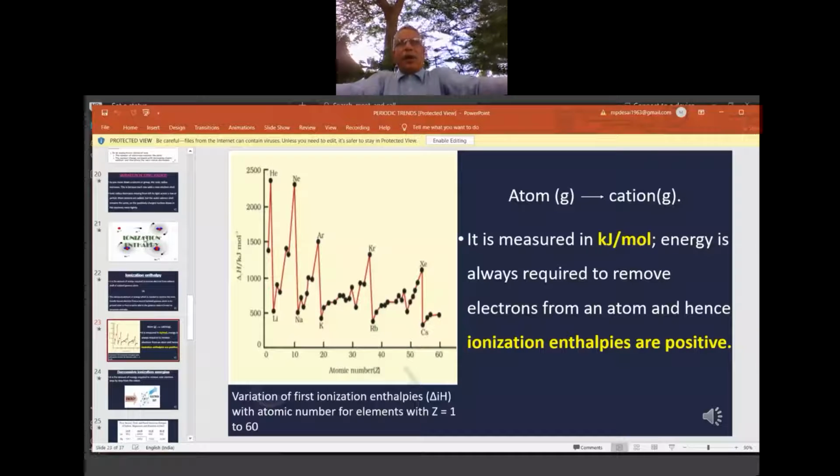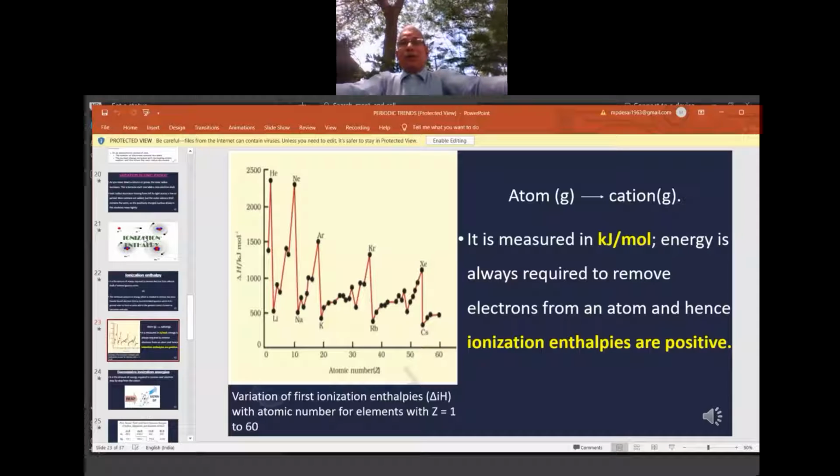As you move from left to right, size goes on decreasing or remains the same, never increases. So at the extreme left side, we have the largest size alkali metals in their respective periods. When they have the largest size, the electron is far away. When the electron is far away, we require less energy due to less force of attraction. That's why they have taken the bottom place.